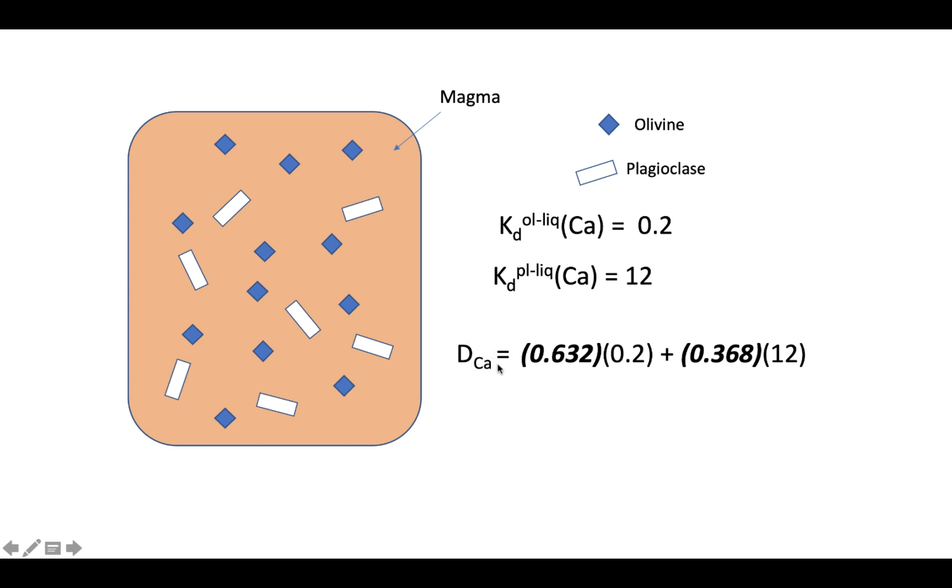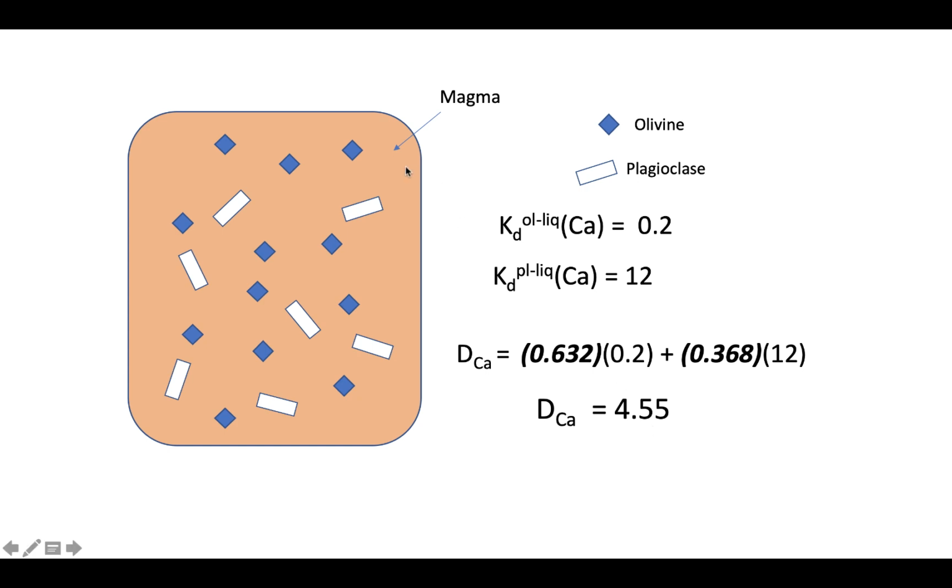The bulk distribution for calcium would be the amount of olivine, 63.2%, multiplied by its partition coefficient, 0.2, plus the amount of plagioclase, 36.8%, multiplied by its partition coefficient, which is 12. And we'll get a bulk distribution coefficient of calcium of 4.55, a little bit less than we found for nickel.